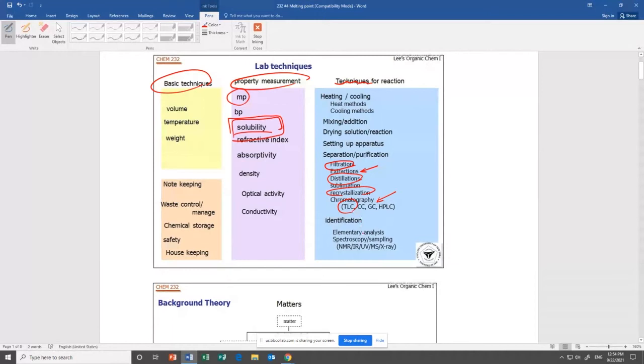We mentioned the TLC today, okay? And we also just heard about the word spectroscopy, and I believe you have seen UV spectrometry during the general chemistry laboratory with the heavy metal.